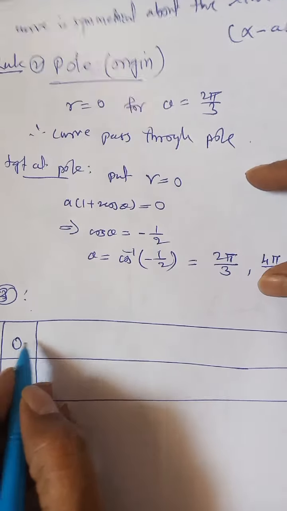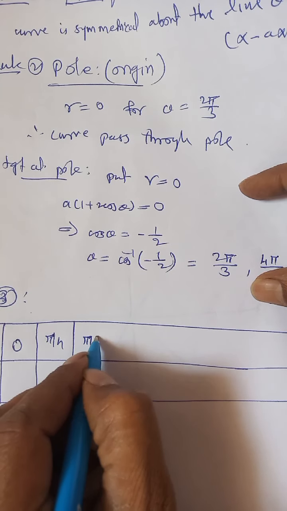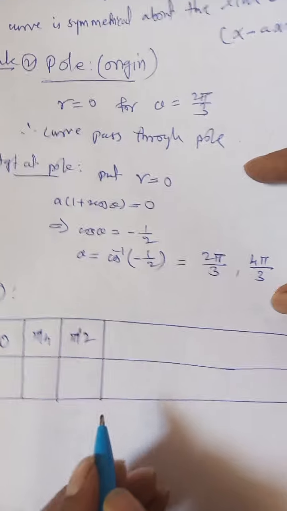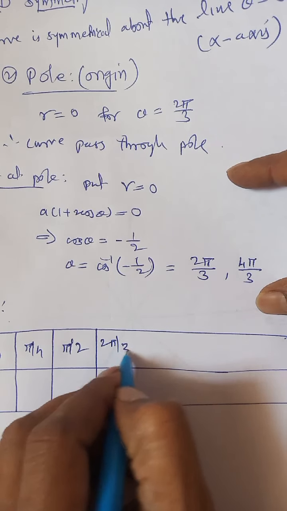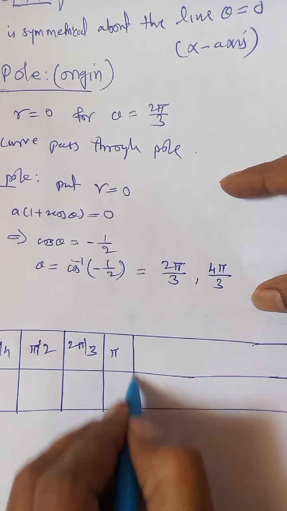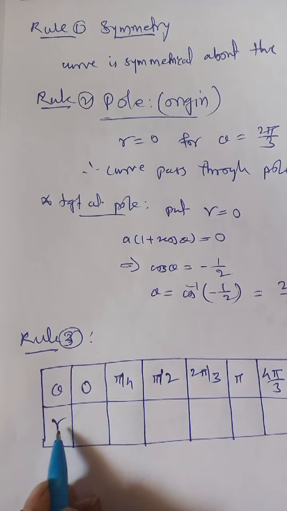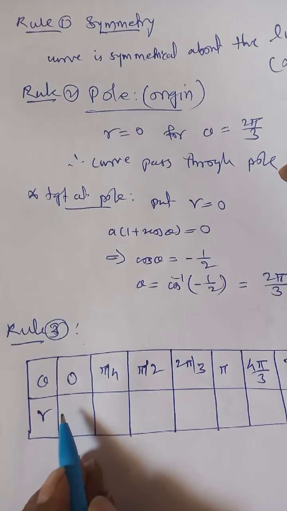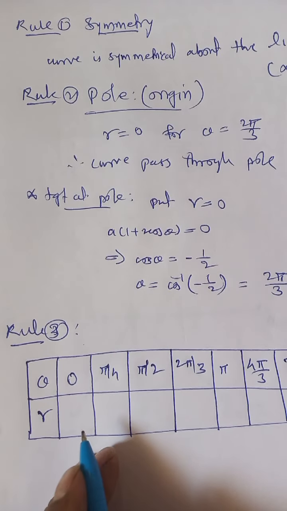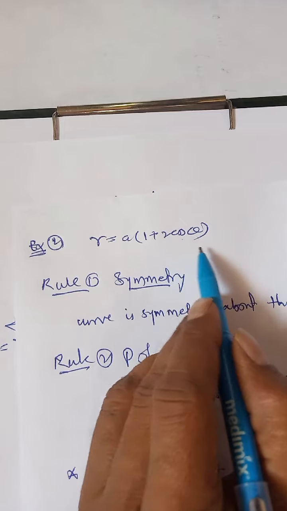So 0, pi by 4, pi by 2, then 2 pi by 3, then pi. Now we'll find out the values of r for these values of theta. Okay, so r is a into 1 plus 2 cos theta.